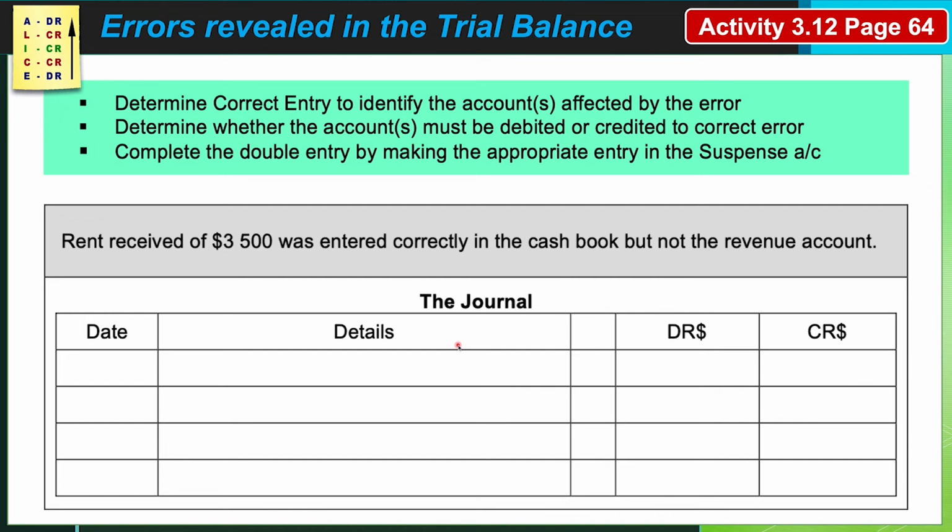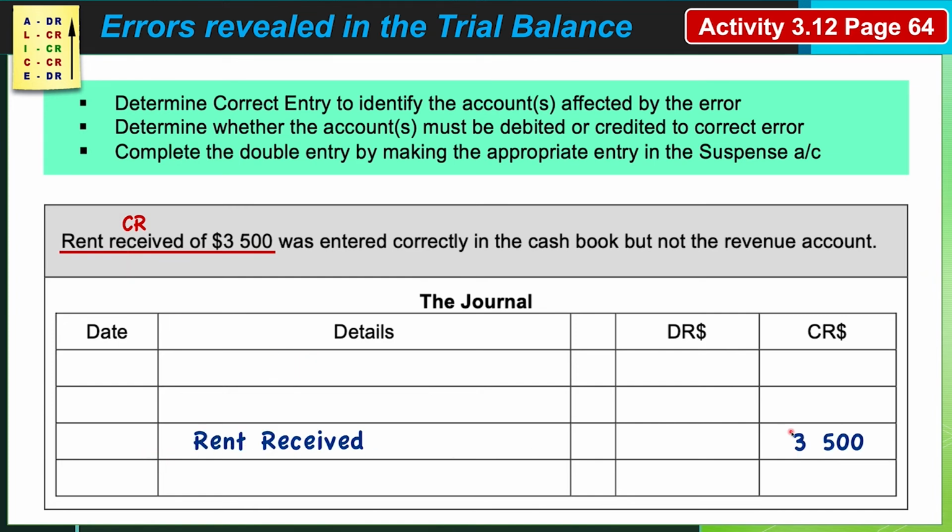Next example, another one with omission, so again the same type: identify the account in which the error was made. Once again, they entered it correctly in the cash book, but not the revenue account, which is rent received. So we have to go and enter it there. Rent received is revenue or income, that's a credit. So we're going to credit rent received.